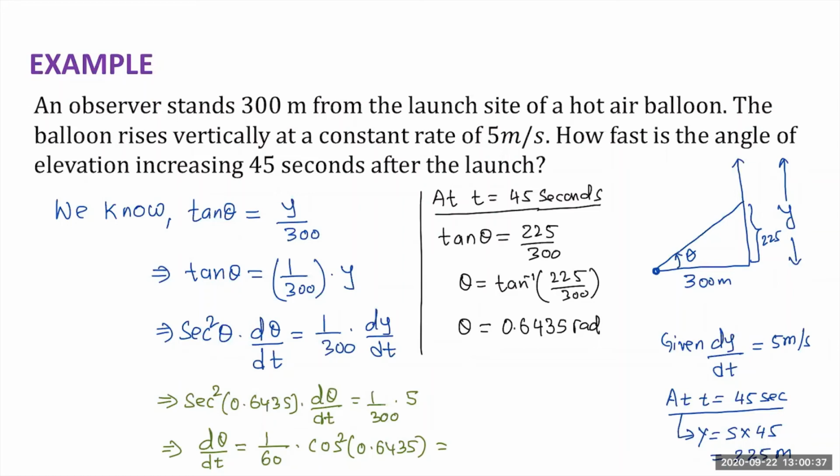Now we can simplify this using a calculator to get our final result. When we simplify, we get 0.0107, the change in angle with respect to time. The unit of angle is radian and time is second. So the angle of elevation is increasing at the rate of 0.0107 radian per second.